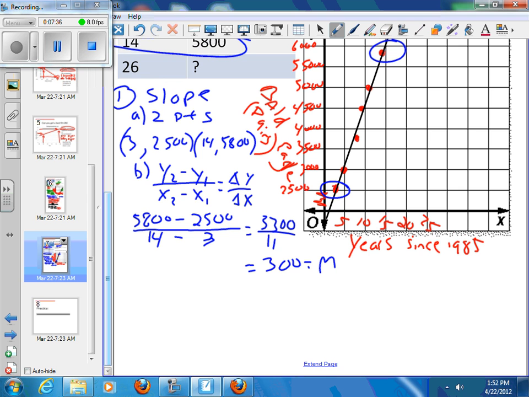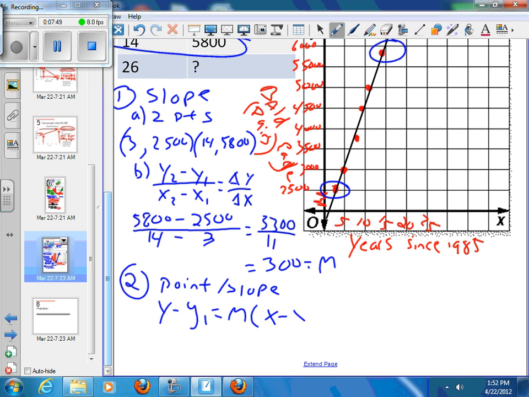After I've got my slope, the next thing to do is to put it in point slope form. And point slope form is y minus y1 equals m times x minus x1. So I have y minus, and my y1 in this case was 2,500, and my slope is 300, and then x minus x1, and that was a 3.